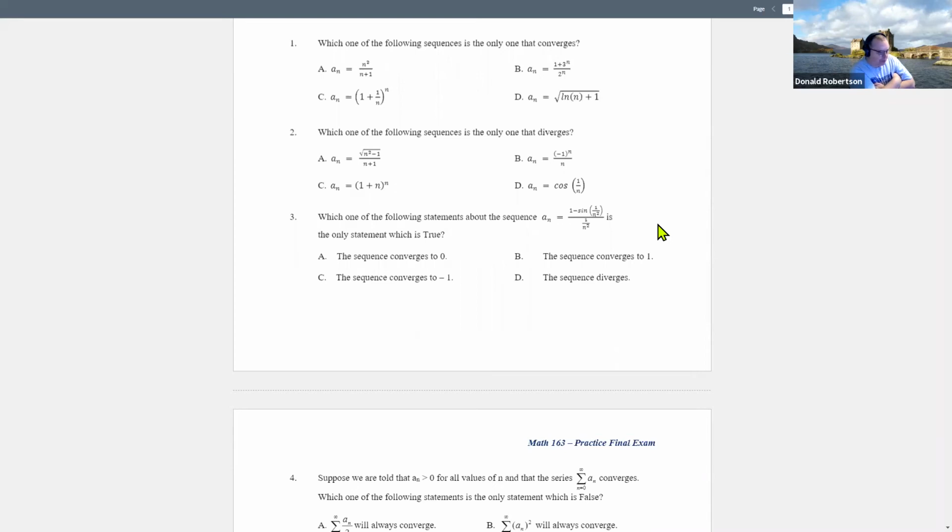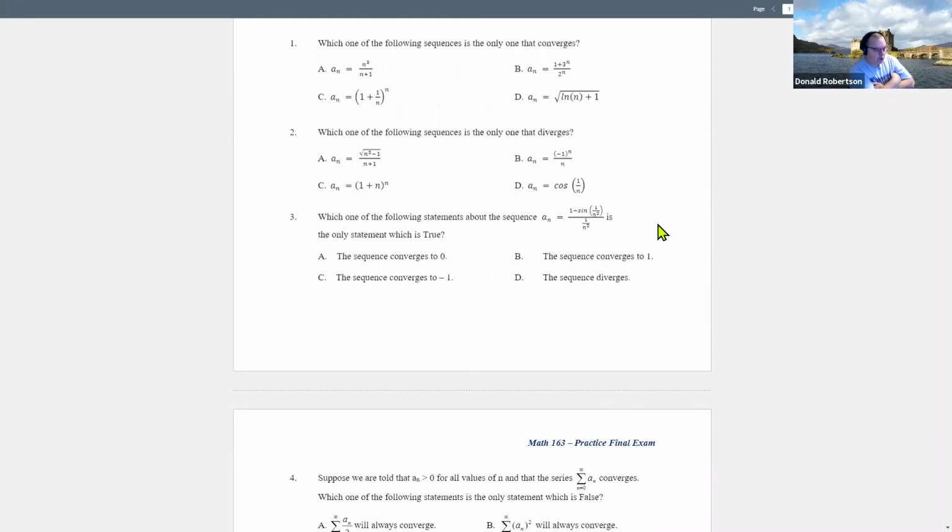And if you do L'Hopital on it, you end up with a remarkably nice answer. It ends up being negative the cosine of 1 over n squared. You can then make n go infinite, and it ends up being negative the cosine of 0. And cosine of 0 is 1, so it ends up being negative 1. So that's why the answer is C.